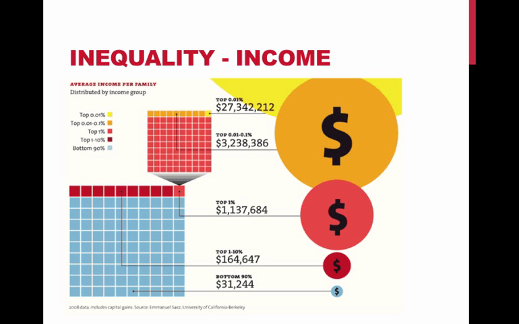About 0.01% of the US population on average collects $27 million in income annually. But when we look at the big blue section of this chart, we see that the bottom 90%, or the lowest income earning 90% of the population, on average brings home about $31,000 a year.